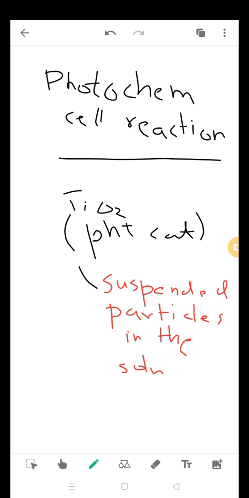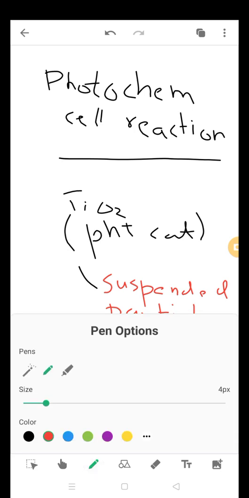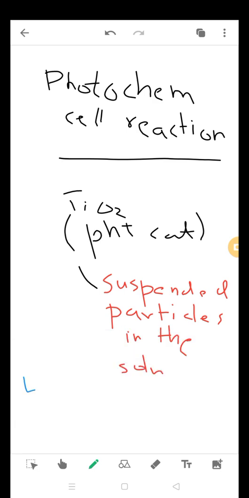And there are certain parameters which need to be taken care of, like light absorbance, instantaneous substrate concentration, and pH.